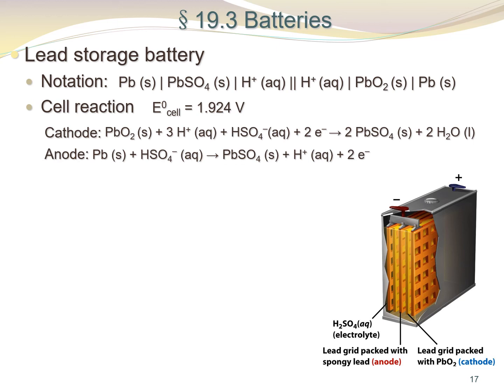Now let's look at this notation. So we realize, hey, we have lead serving as both anode and cathode. This is a salt bridge here, and both sides have H plus, and as it turned out, the source of H plus is sulfuric acid, and as a matter of fact, it's a strong, concentrated sulfuric acid.